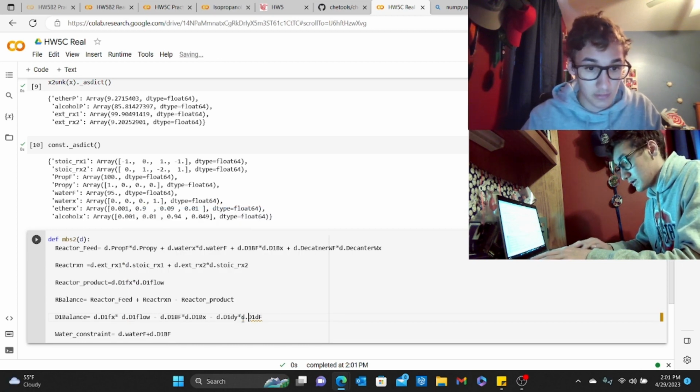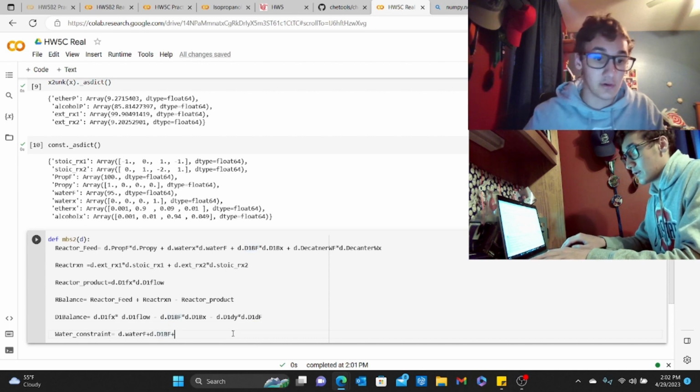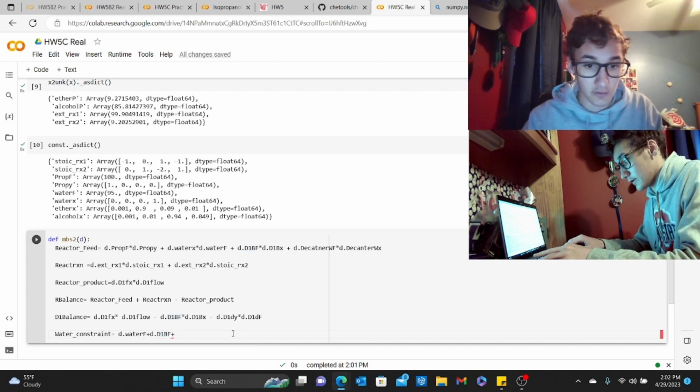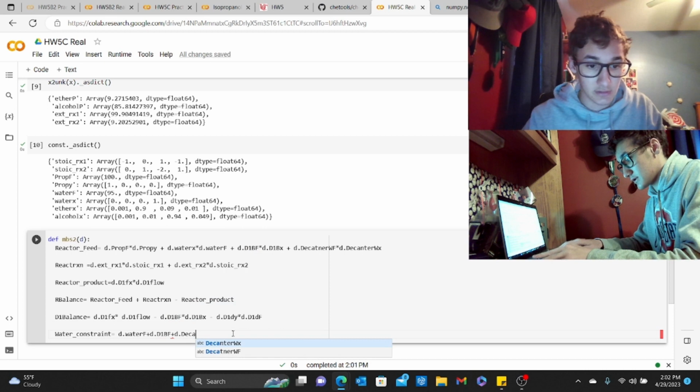Then we also are going to add our decanter water flow rate. So d dot decanter water flow.